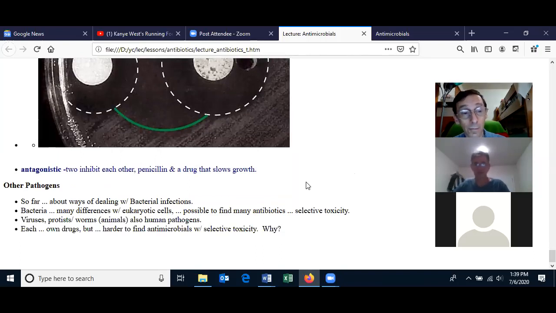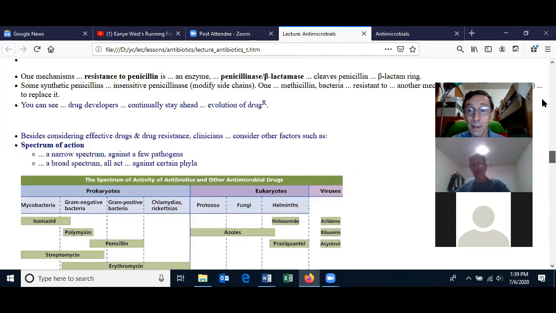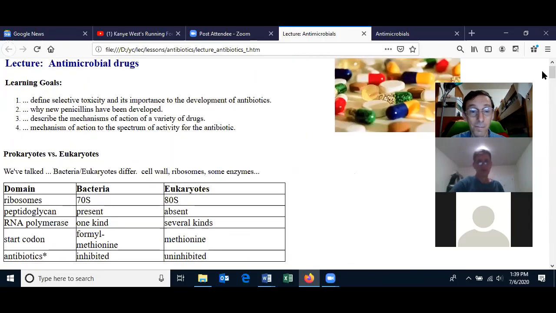If not, we've talked about antibiotics and how they inhibit bacterial cells, and we've been very good at developing antibiotics because there are differences between the cells of eukaryotes and the bacteria.